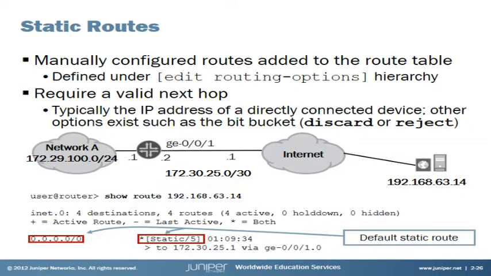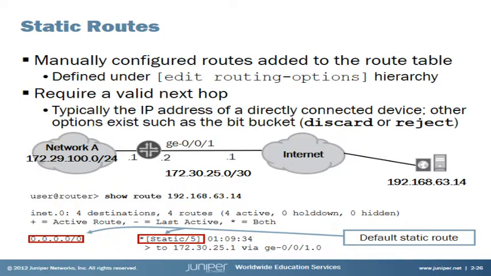For example, if we're down here on network A, my next hop is going to be 172.30.25.1/30 in that particular case.